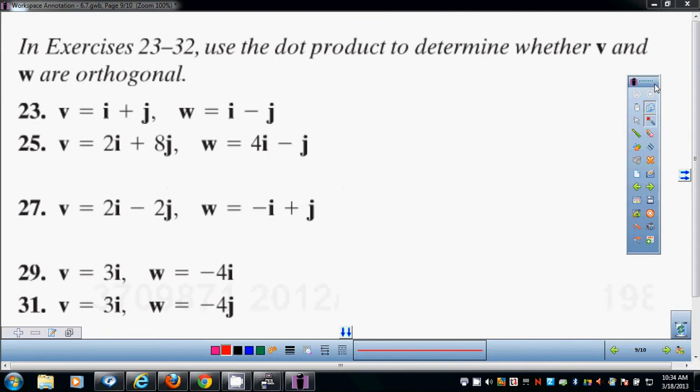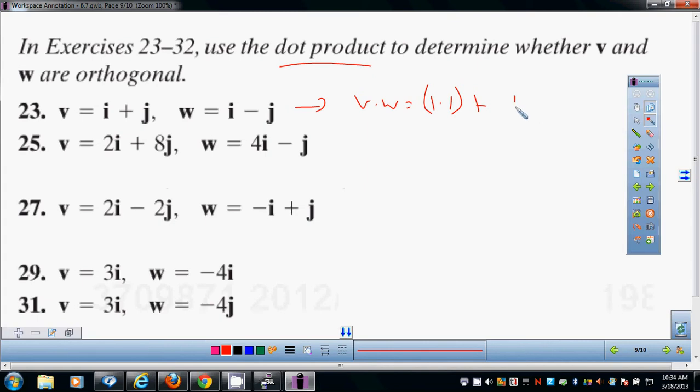Let's look at one. How about 23? Again, all we're doing is finding the dot product. So, V dot W is what we're finding. So that's 1 times 1 plus 1 times negative 1. And what is that dot product going to be? 0. 1 plus negative 1.